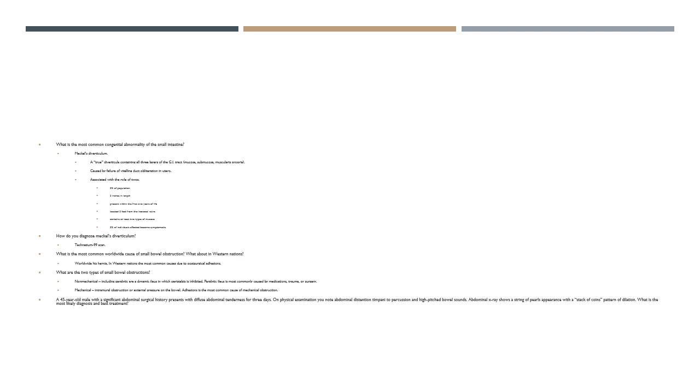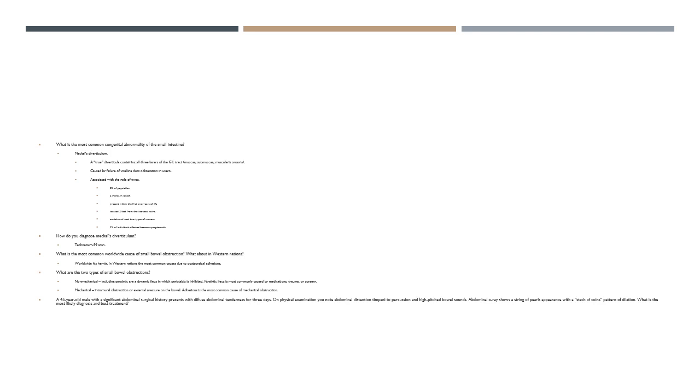And then the second type is going to be mechanical. This is going to be intramural obstruction or external pressure on the bowel. This is going to be typically due to adhesions, specifically in the Western nations. So non-mechanical is going to be due to paralysis or loss of peristalsis. So think of something like Hirschsprung's.